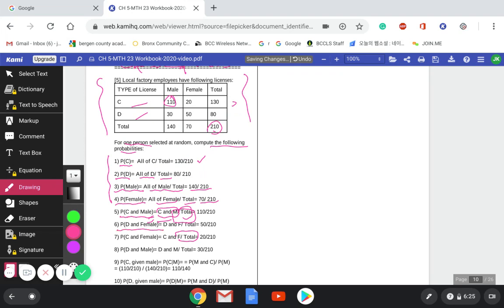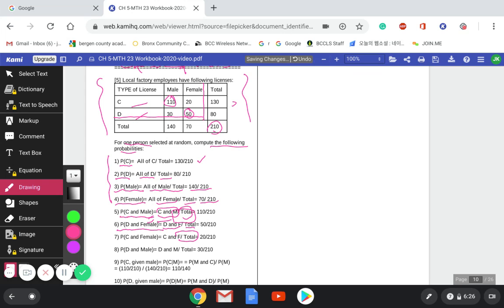So D with a female, 50 out of 210. Next one, number 7, is C and female. So C with a female would be 20. So the probability of that is 20 out of 210.